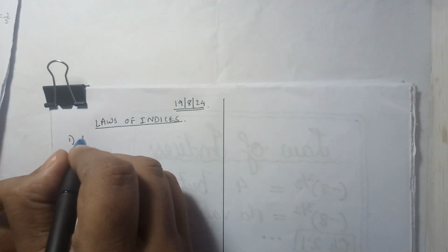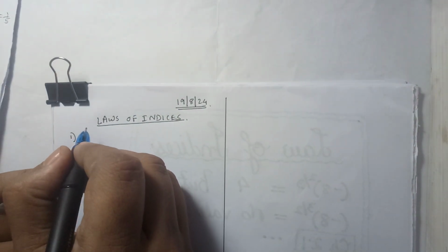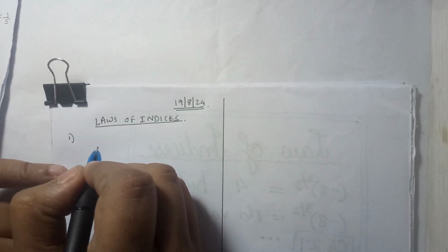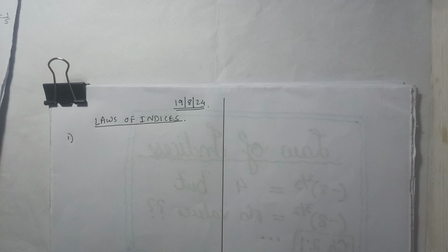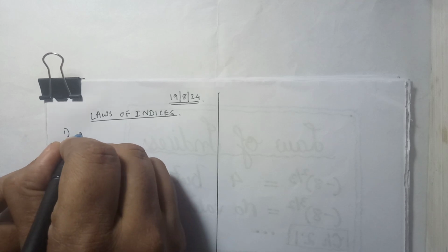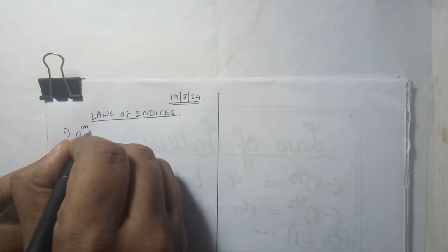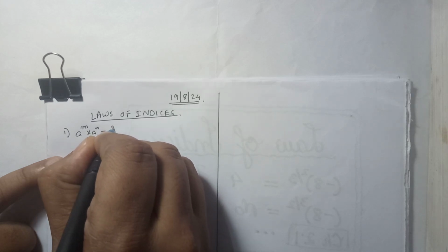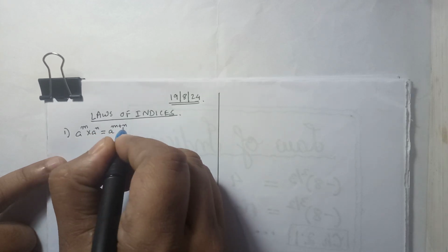First law says a to the power m into a to the power n is given by a to the power m plus n.